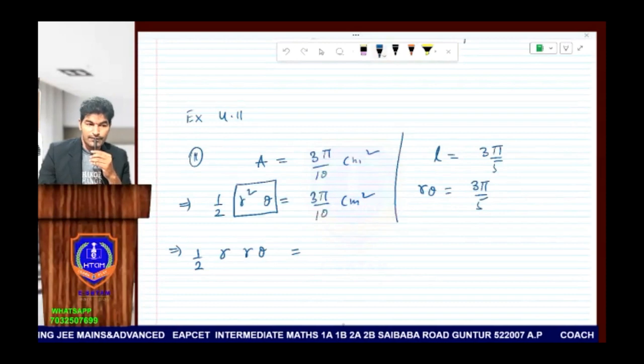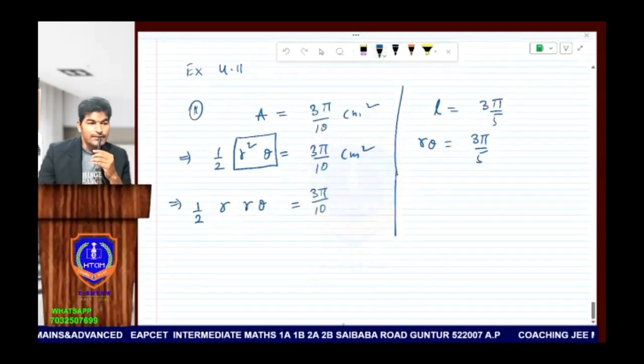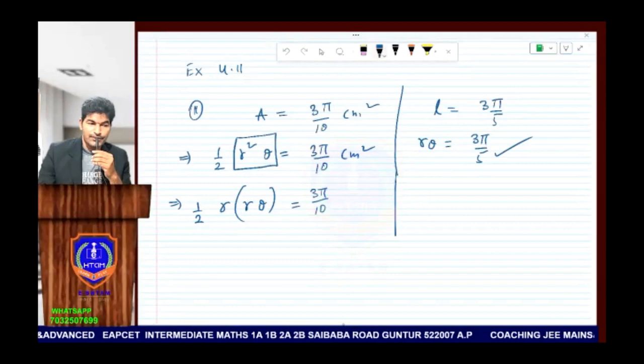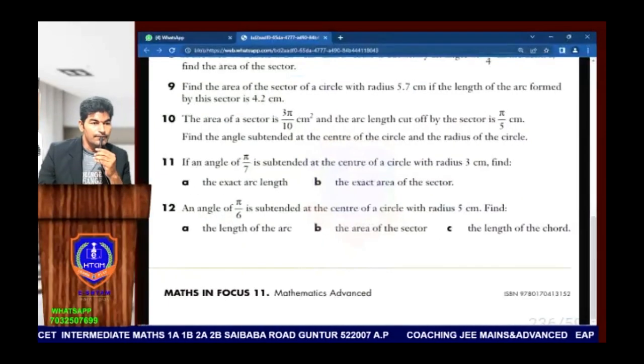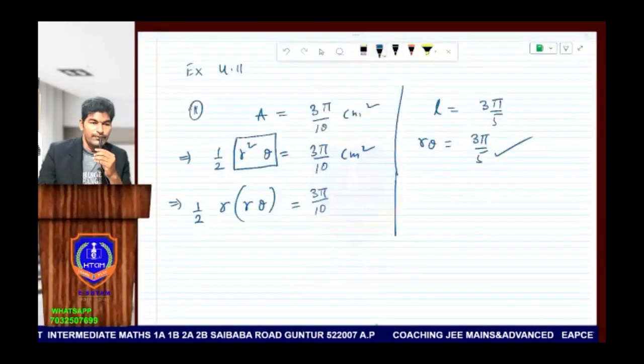This is a mathematical rule. So 3 pi by 10. Now look at this, R theta. You can substitute this value here. It's pi by 5. Which one? R theta, in the question it's pi by 5.